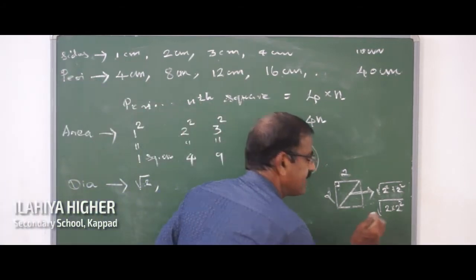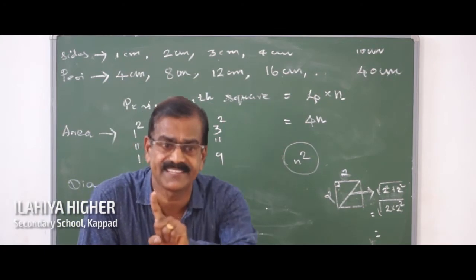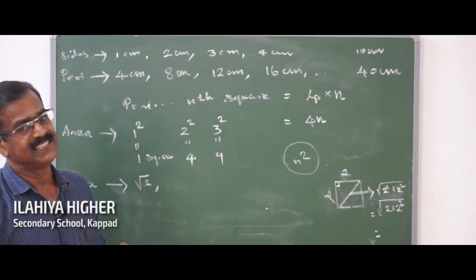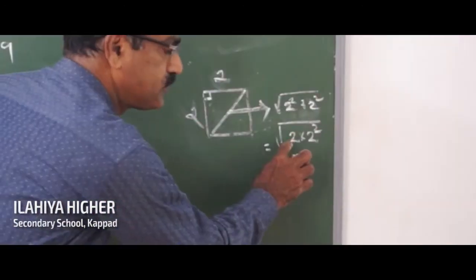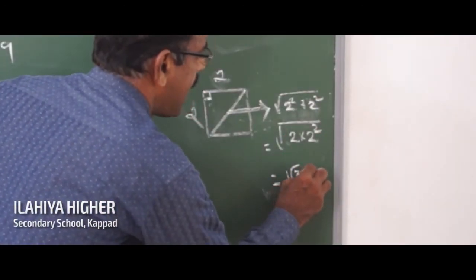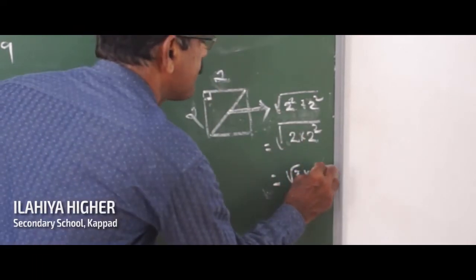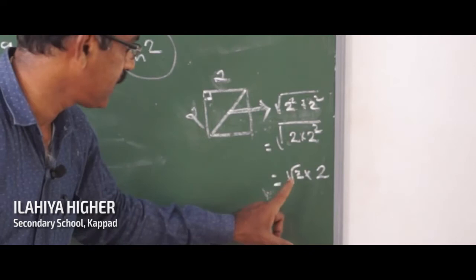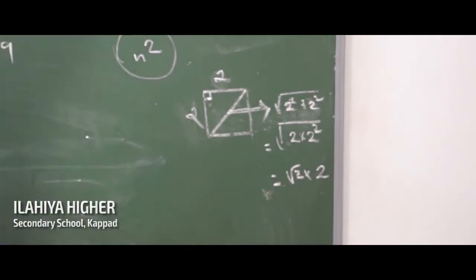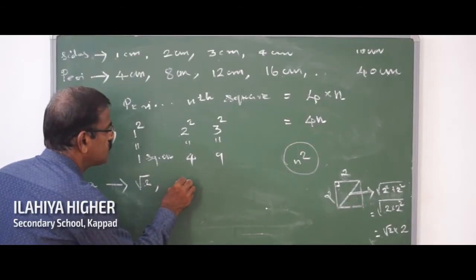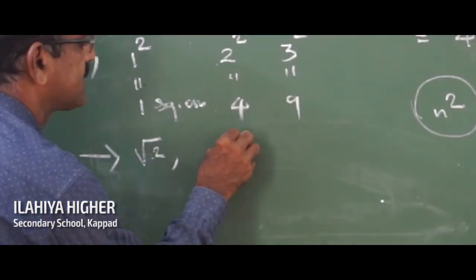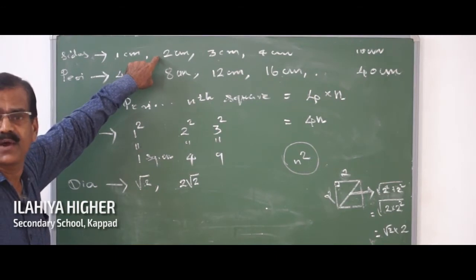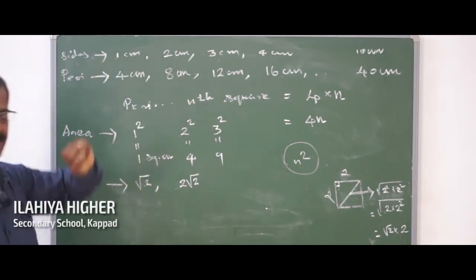And see, we know root of x y is root of x into root of y. That you studied in lower class. So root of 2 square is 2. Root of 2 into root of 2 square, that is root 2 into 2, that is 2 times root 2, that is the length of the diagonal of the second square having length of one side 2 cm.